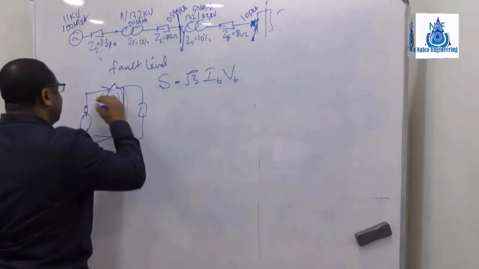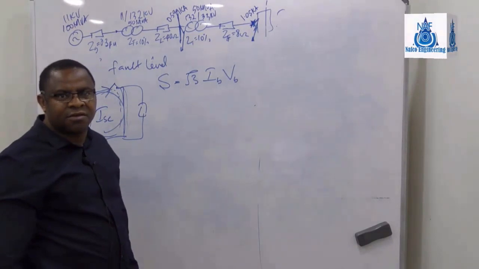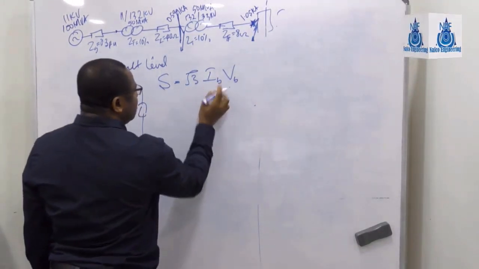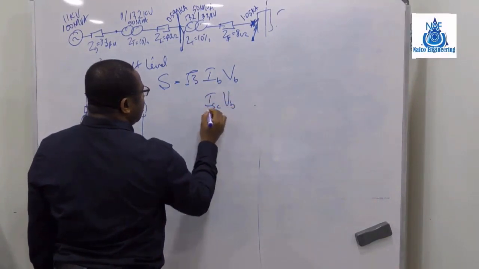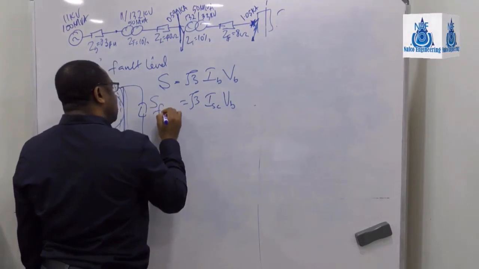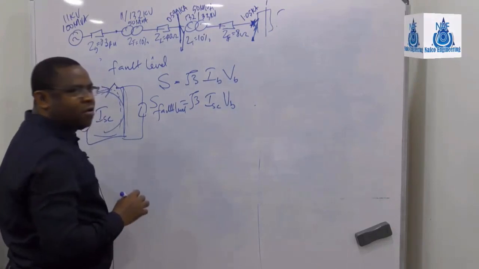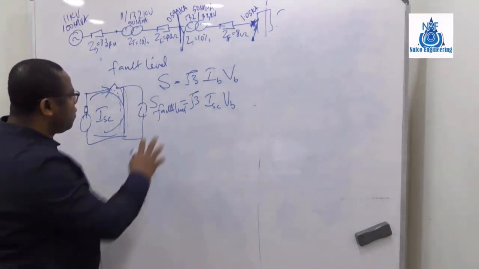But immediately there's a fault, there's going to be I short circuit. So the only thing that we change in this equation is I, which now becomes I short circuit. But V base will remain the same, and root 3, and this is now what we call S fault. That's the fault level.